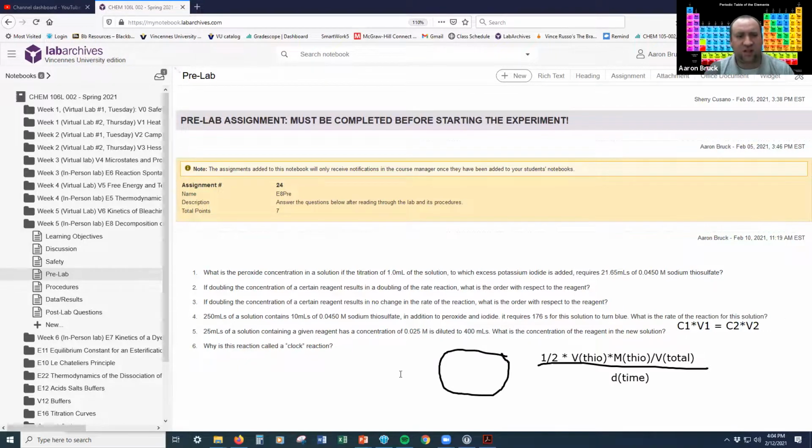And the last question there, why is this called a clock reaction? Primary reason why is we are looking at a definitive change that is going to occur. The reaction that is going to happen, basically we go from a colorless solution to a bluish black solution almost instantaneously when the reaction has finished.